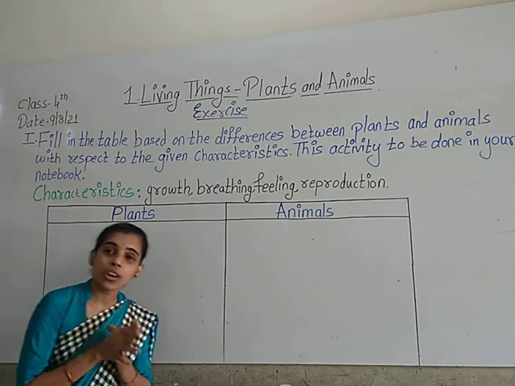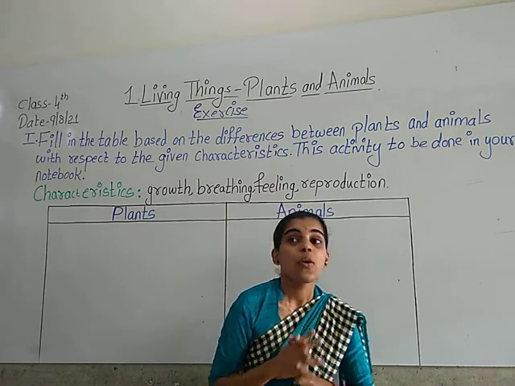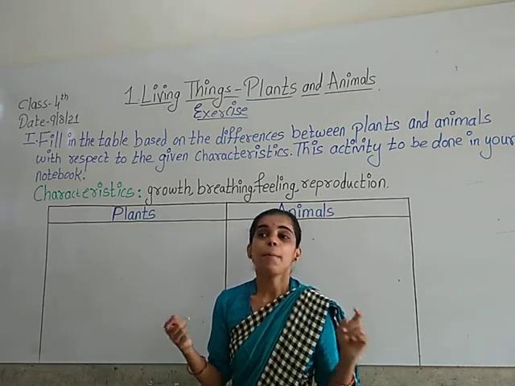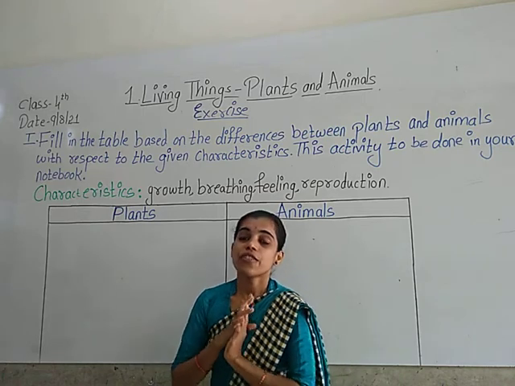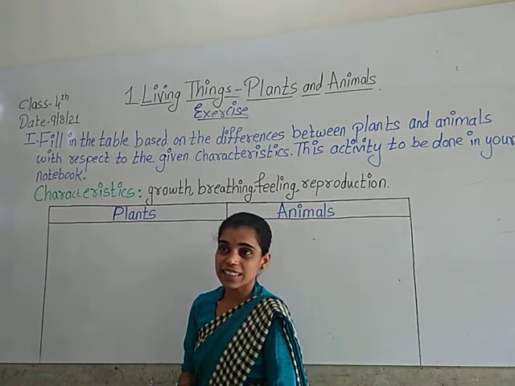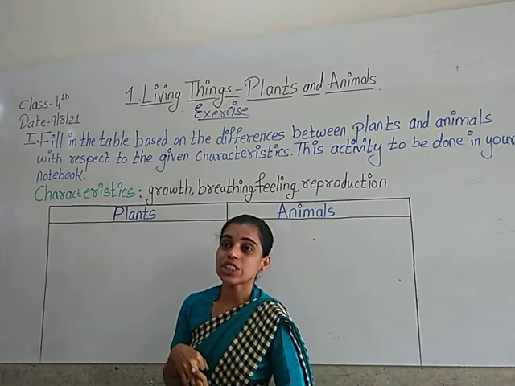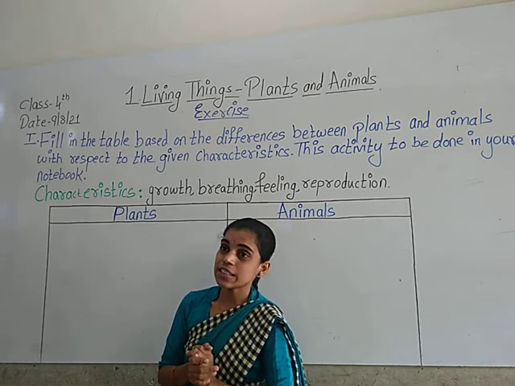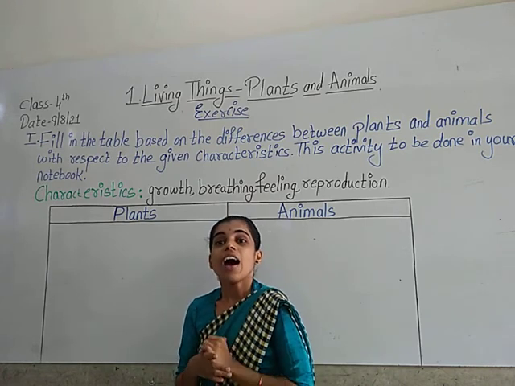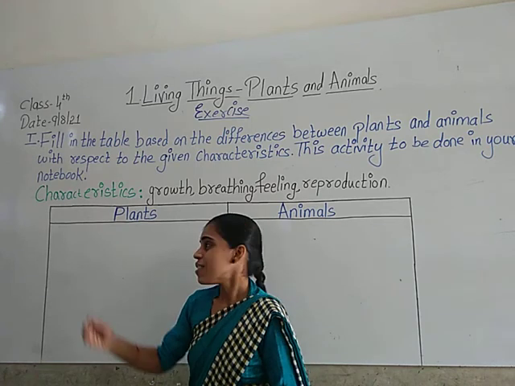And we had also discussed the different characteristics and the difference between plants as well as animals. The different characteristics like sense organs, breathing, reproduction, consumers, producers, and the movement in plants and animals.